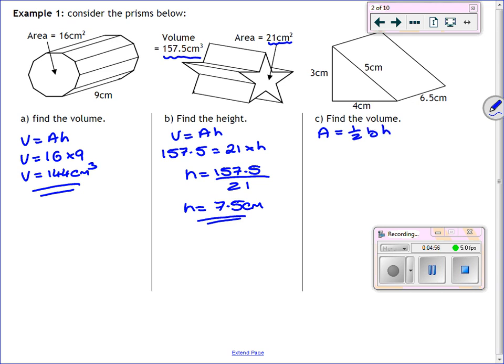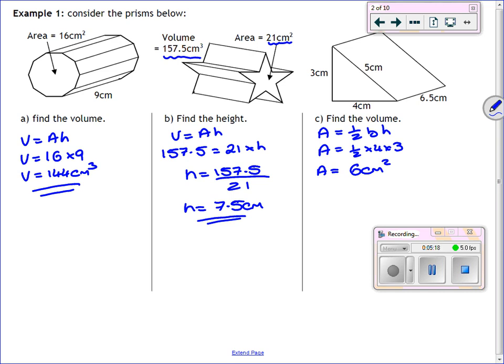Sometimes you'll be asked to find the area before you then go ahead and find the volume. So area is going to be a half times 4 times 3, which is 6 square centimeters.